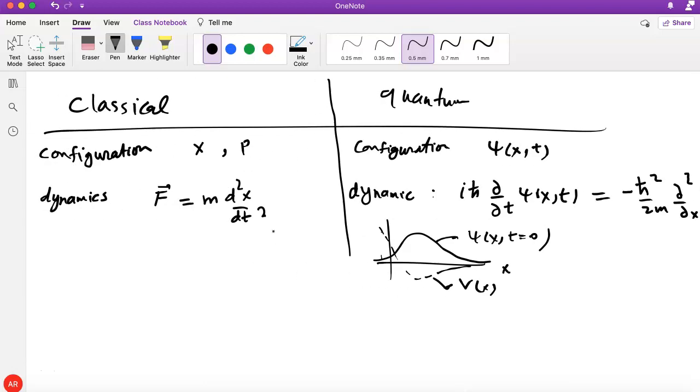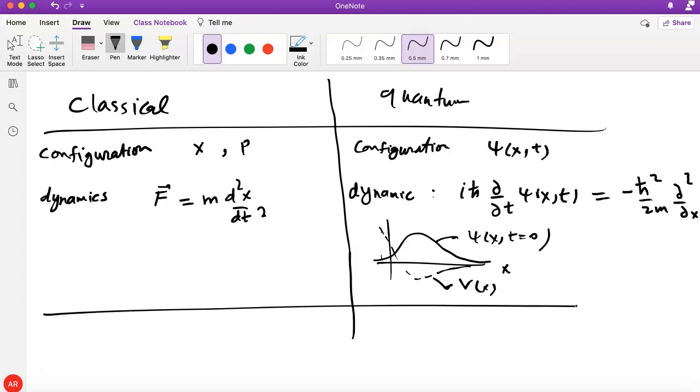Okay, so then you can ask, given these two very different frameworks, in classical mechanics we have the notion of a particle in equilibrium, a particle that's just sitting somewhere. It's not moving, and the net forces are zero. If it's a rigid body, maybe the total torque is zero as well.